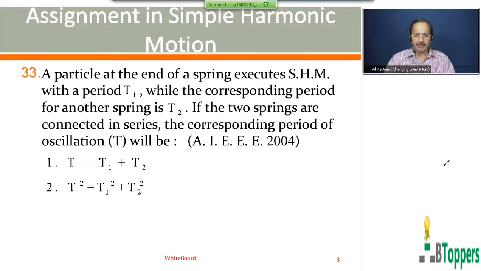I am showing you the 4 options on screen. Take a pause and try this question. This question was given in one of the previous AIEEE entrance exam papers, 2004. Next I am going to show the next question on the screen.